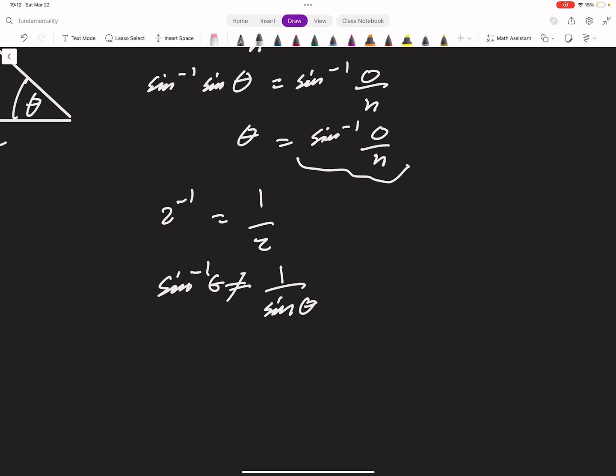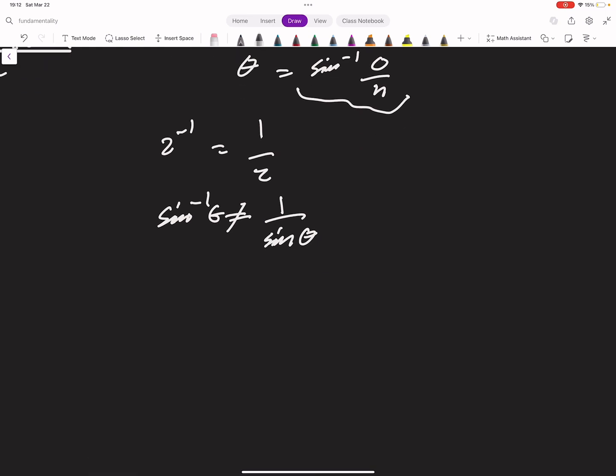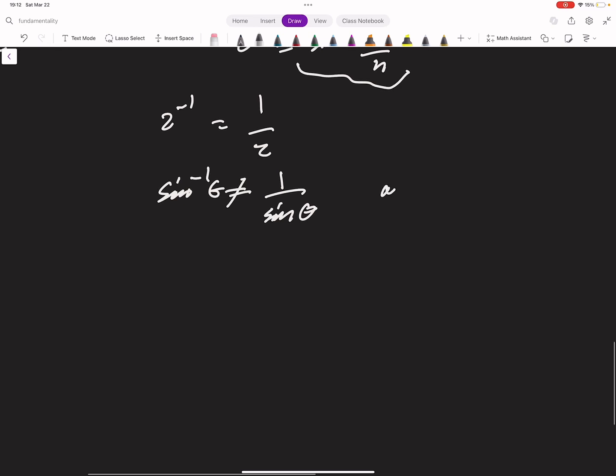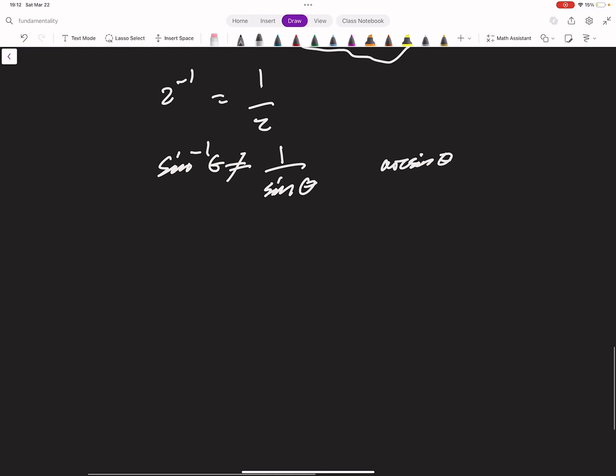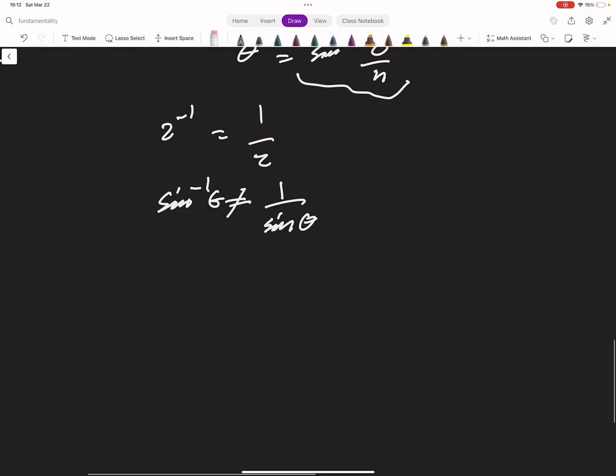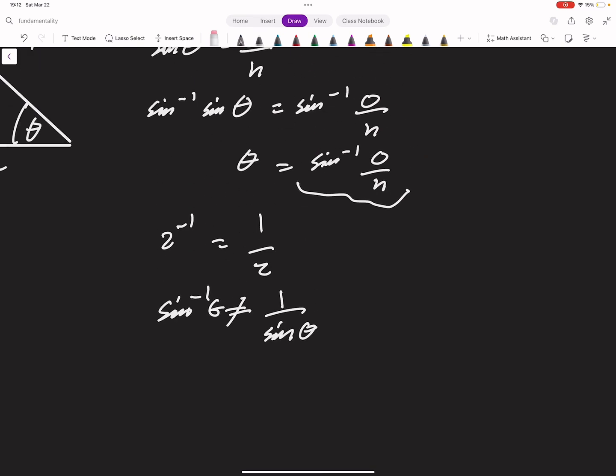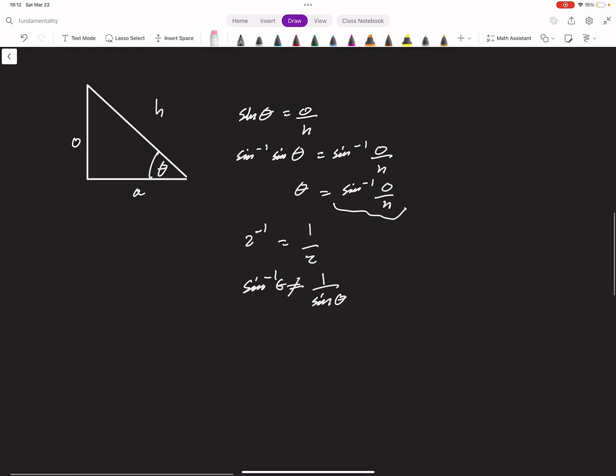This is just really bad notation. People call it arc sine of theta. And to get this on your calculator, you need to press the shift button and then press the sine button. You should see that there.